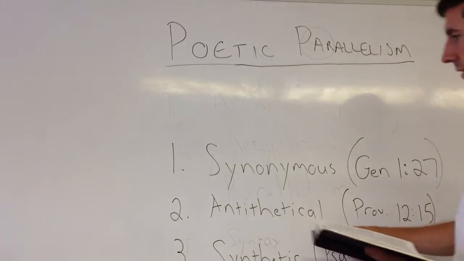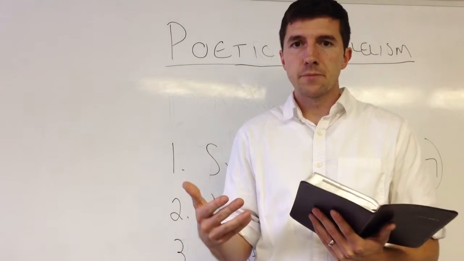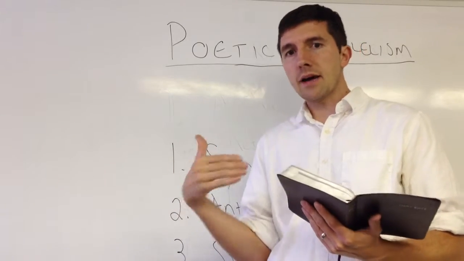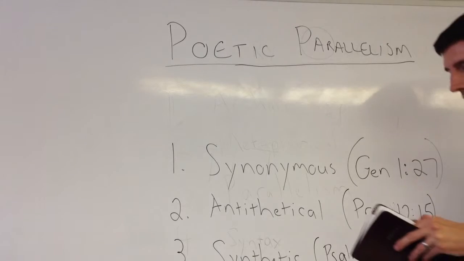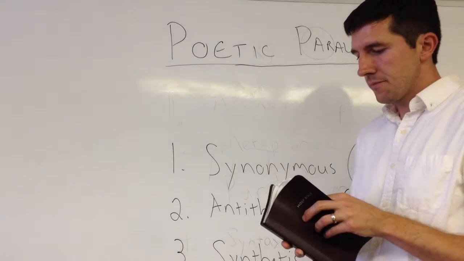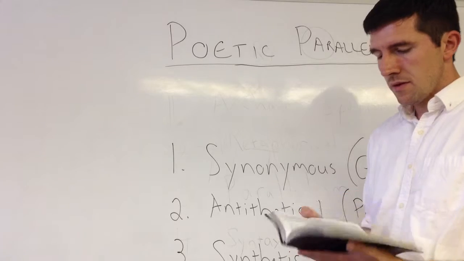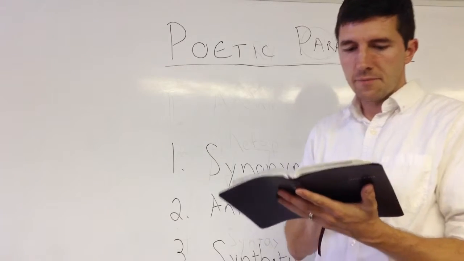Antithetical parallelism, as you can hear in the word, says the opposite. So it'll say the first line, and then it will say its opposite in the next line. Here's an example, Proverbs 12:15.